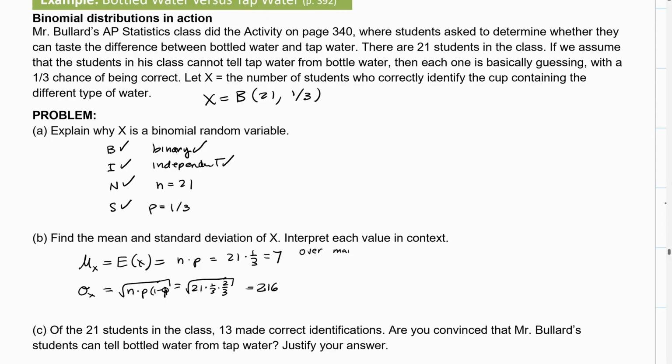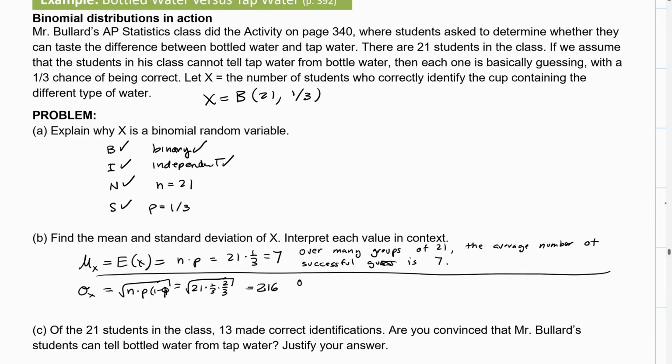Over many groups of 21, the average number of successful guesses is 7. And that's our description of the mean.